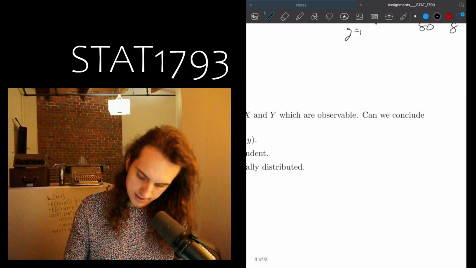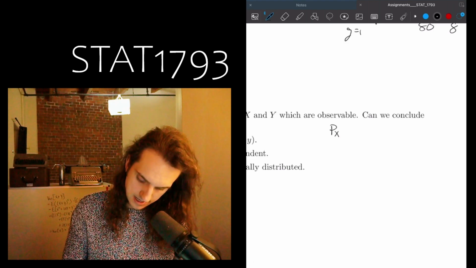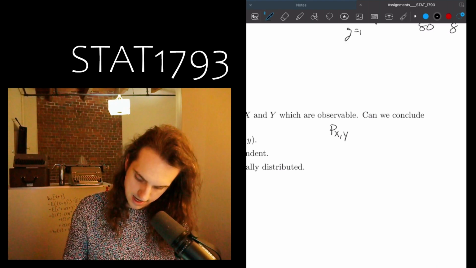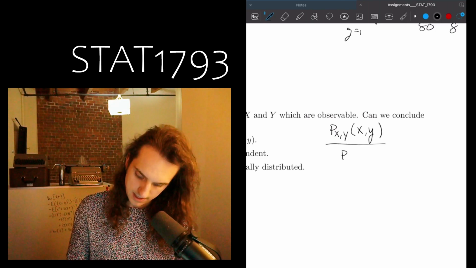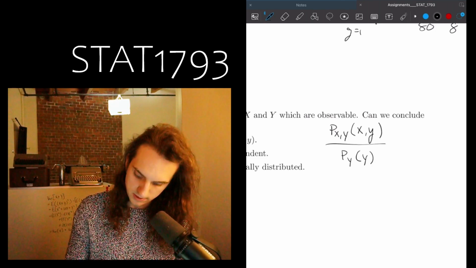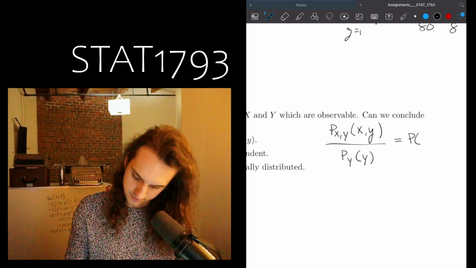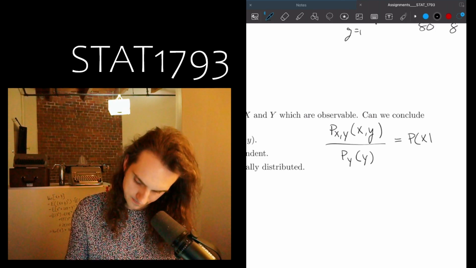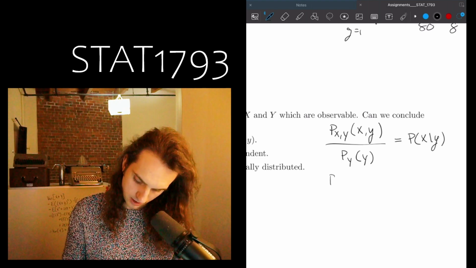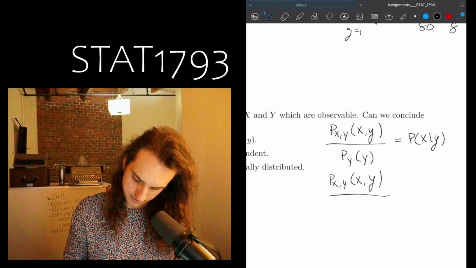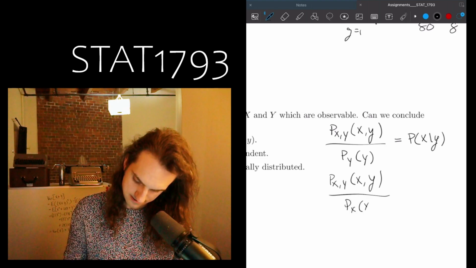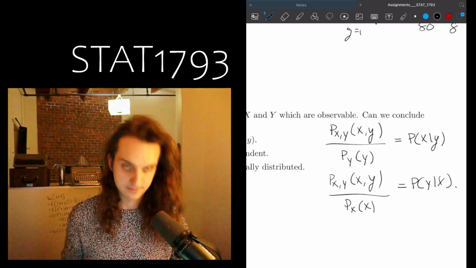So the thing to note here is we're going to have the probability of x and y divided by the probability of y. This is going to be our probability of, in this case, x given y, right? And we're going to have the probability of x and y divided by the probability of x is equal to the probability of y given x, right?